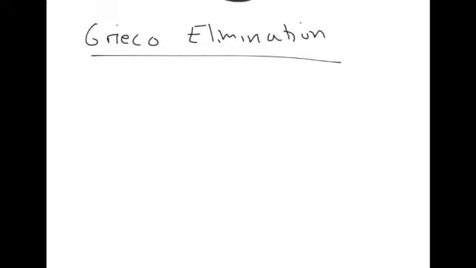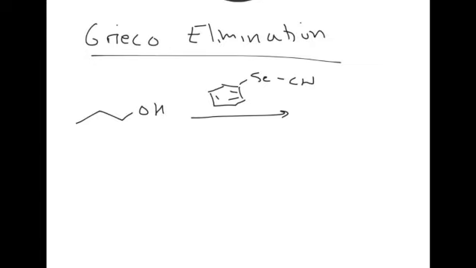So with the Grieco elimination, you have an alcohol, and you have, in this case I use something a little different, an aromatic selenide. So you have Se, and then you have a trialkyl phosphorus.